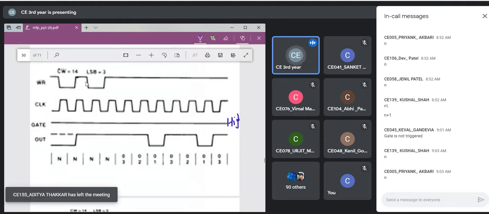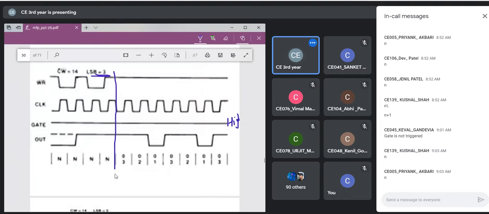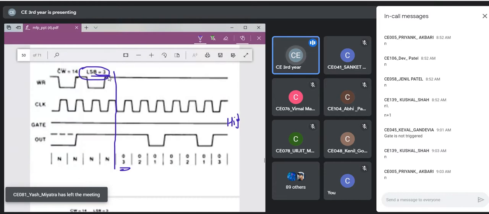Suppose you are writing this code 3 here. Of course it will take one more clock cycle to write that in the counter. That is written to the internal register of the counter. Here it is available at the data bus, available to 8254 or 53, but that will be transferred from the data lines to the internal register, which takes one more clock cycle.